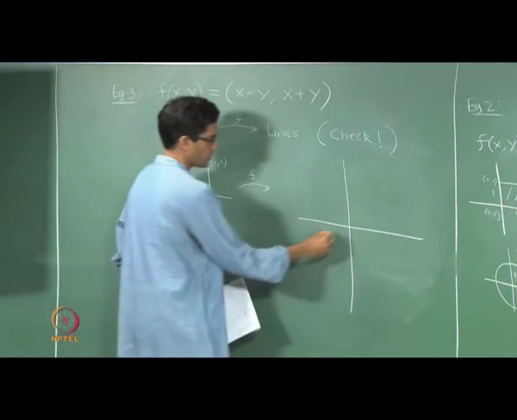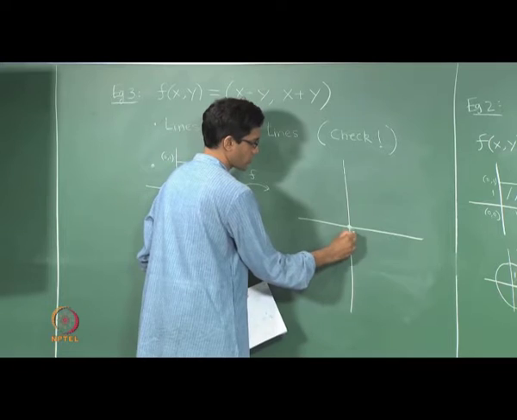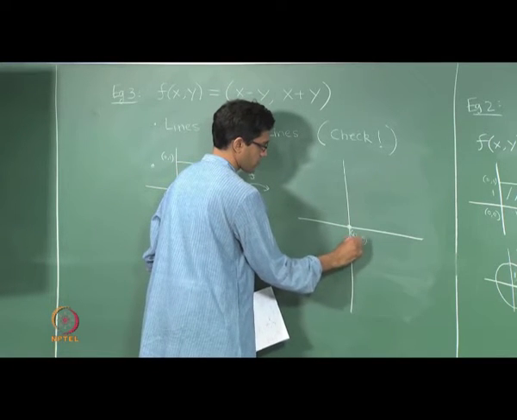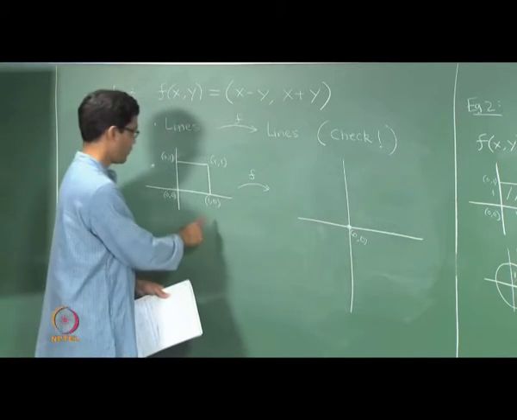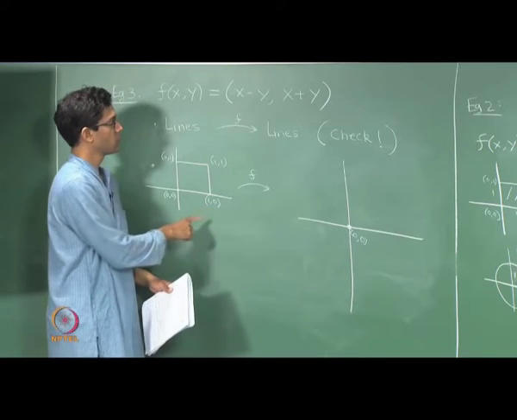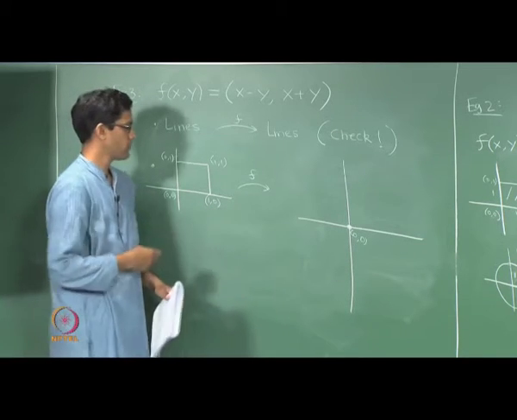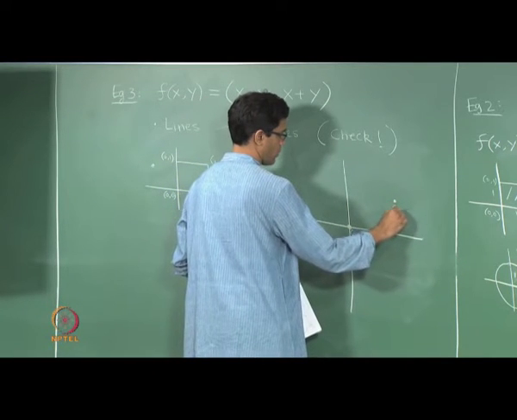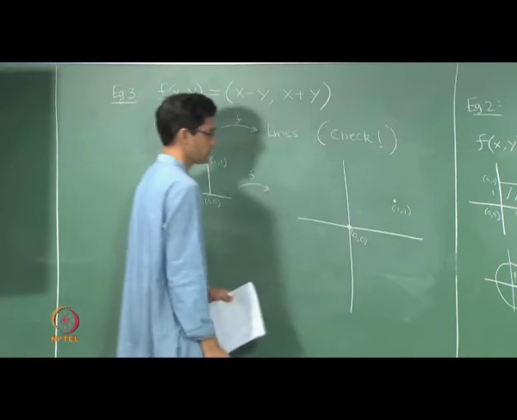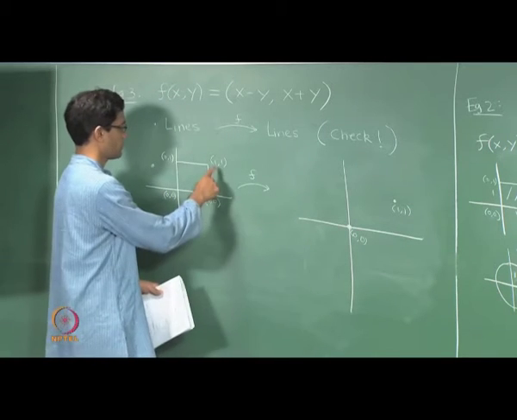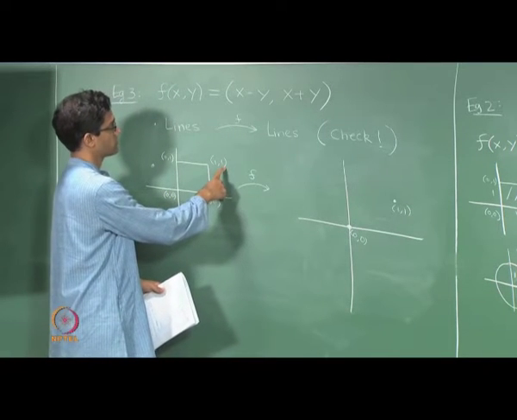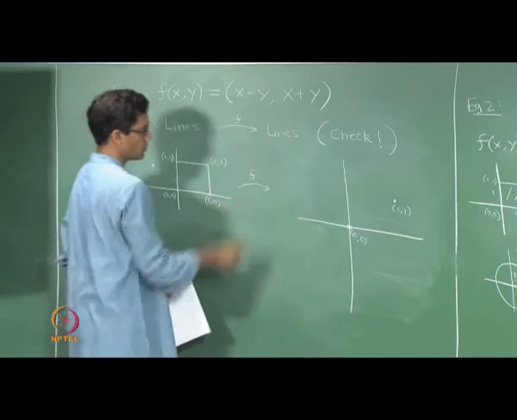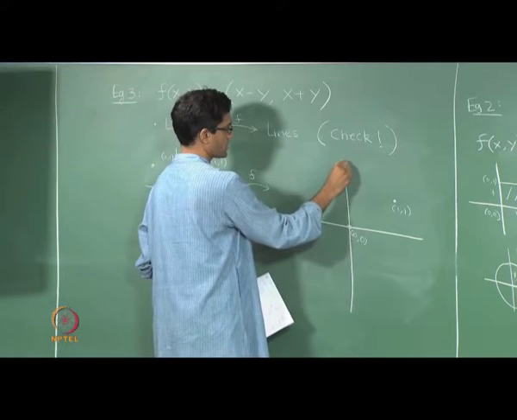So, the origin goes to the origin. The point (1, 0) maps to (1 minus 0, 1 plus 0), so that is just (1, 1). Now, the point (1, 1) under this map maps to (0, 2). That is now a point on the y axis.